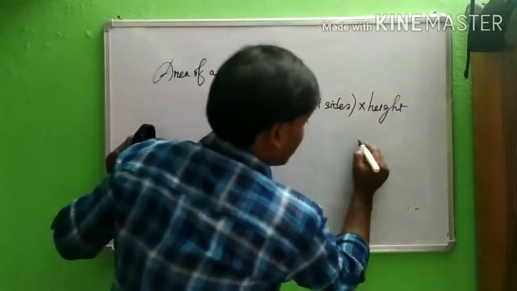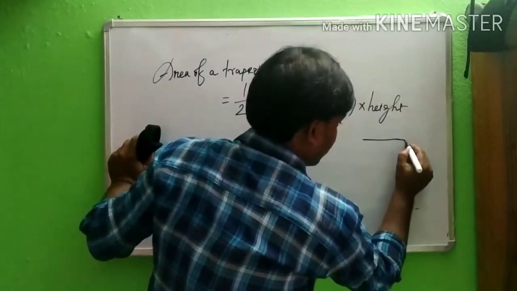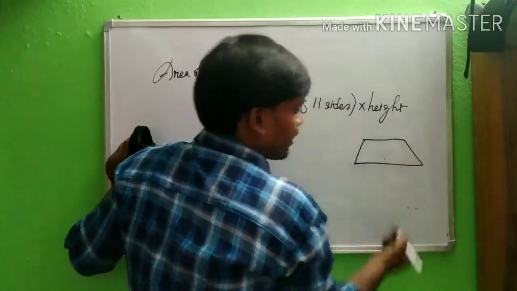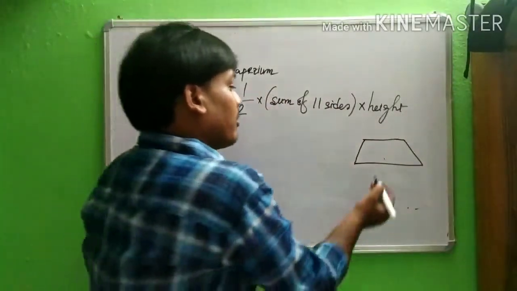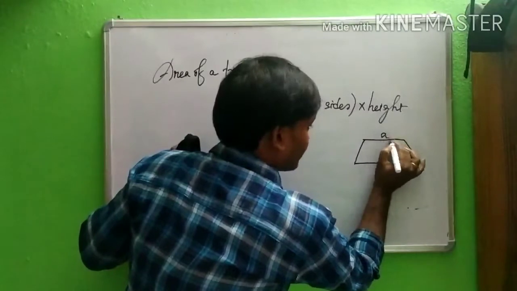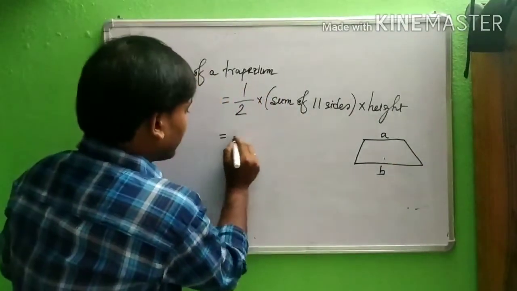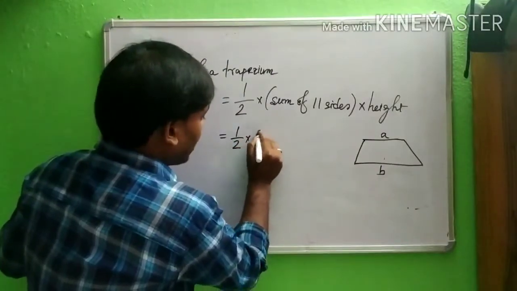So if these sides are parallel, and if the value of this side is a and the value of this side is b, then the formula becomes half into a plus b.